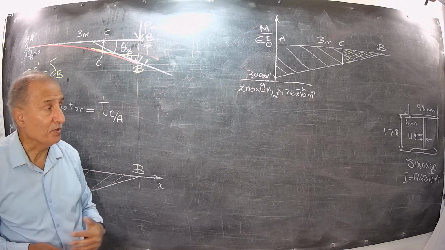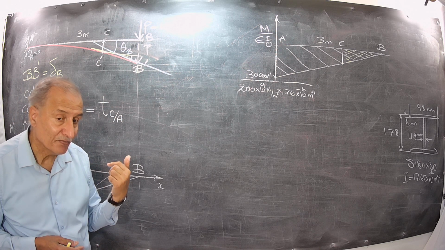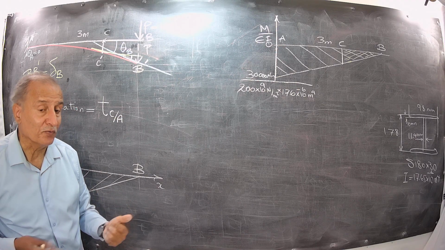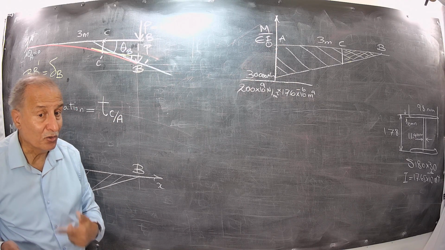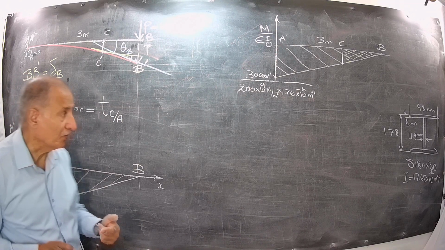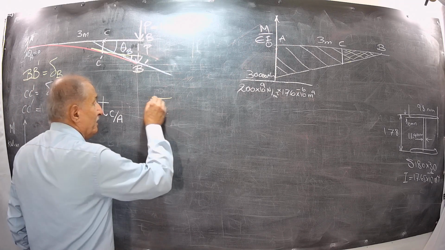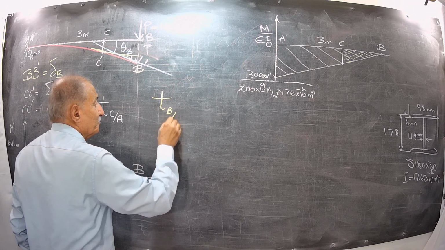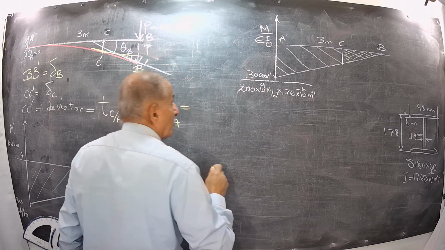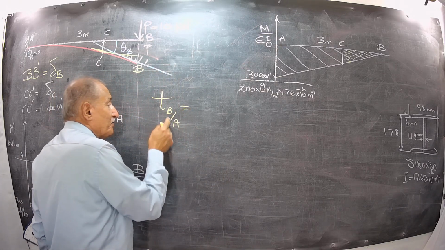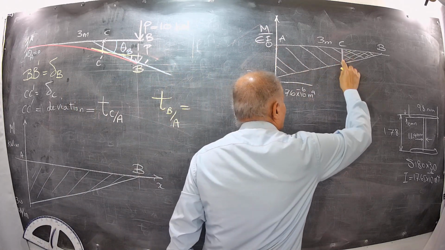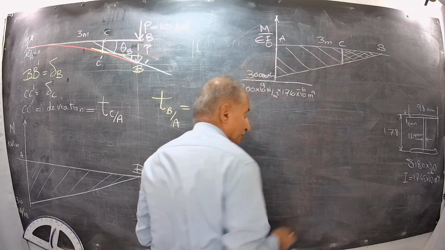of the area between those points with respect to a point, the point that you are looking for its deviation. For example, I say T B with respect to A is equal to the first moment of the area between A and B. That's the area between A and B, the whole area.